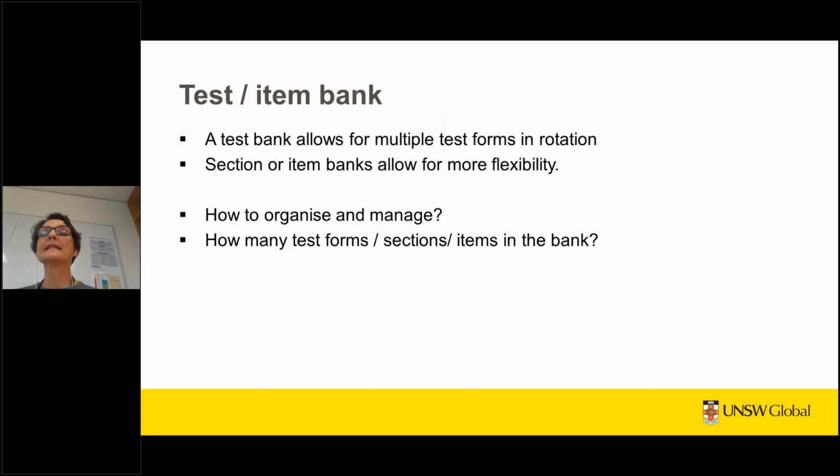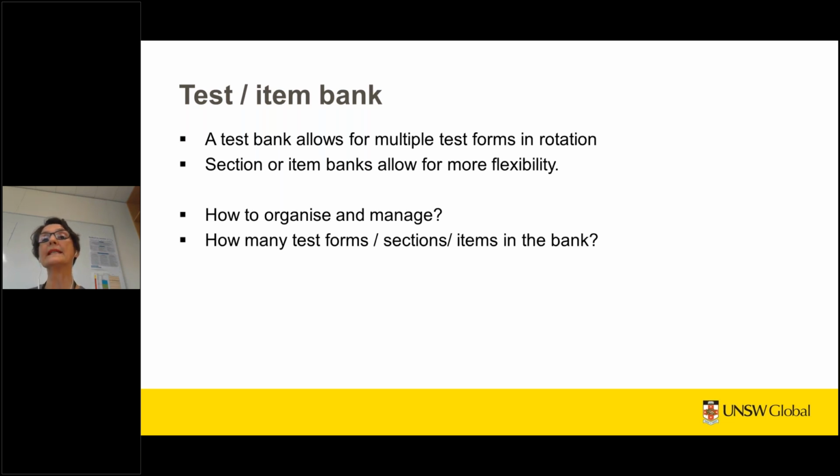And then the test or the item bank has to be organised. So you have a test bank to allow for multiple test forms, and you rotate these test forms so you're not using the same test all the time, because obviously the test takers would become aware of the contents.